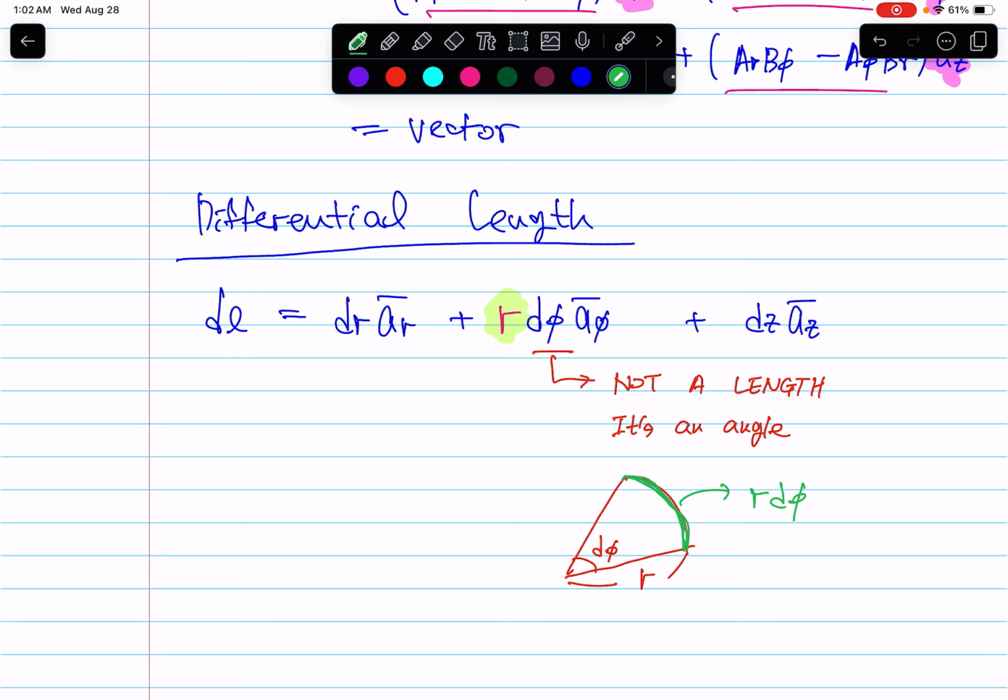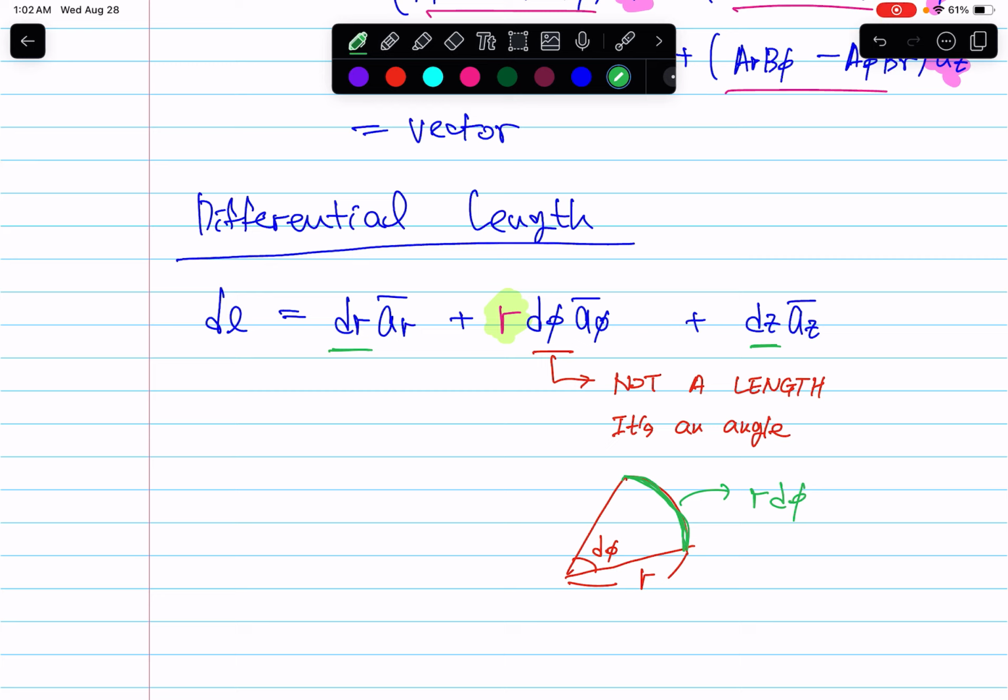Because you can see that this guy is just dr because it's already a length. dz is already a length, so you don't have to multiply anything.